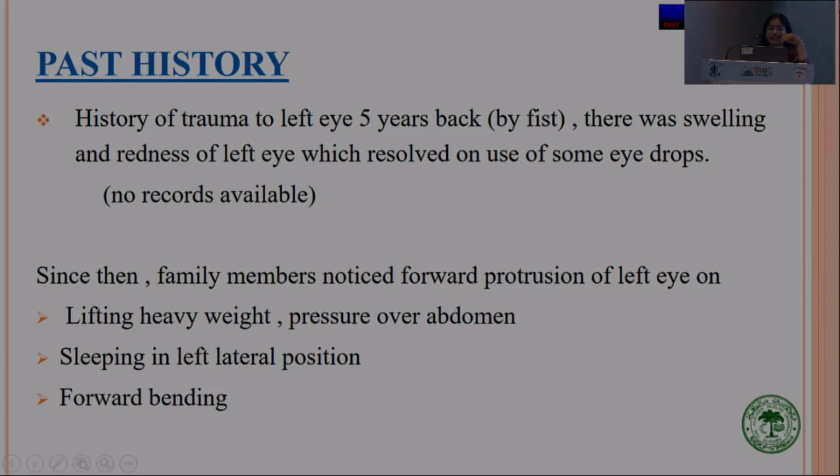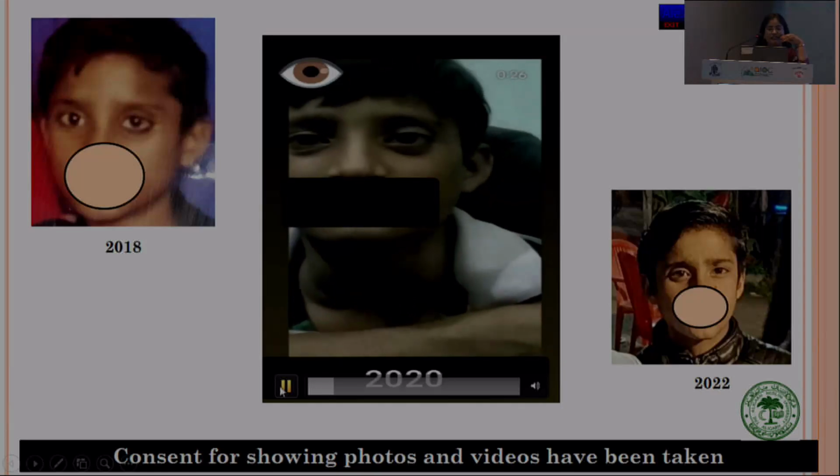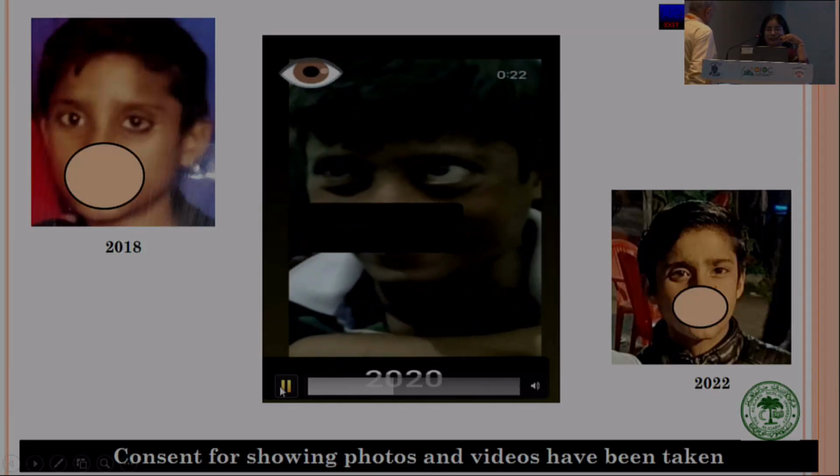But they told that 5 years back he had trauma to left eye by fist, which was followed by swelling and redness of left eye. Since then, family members have noticed forward protrusion of left eye on lifting heavy weight, pressure over abdomen, sleeping in left lateral position, and during forward bending. These are the photographs and videos which show protrusion of left eye on applying pressure over abdomen.